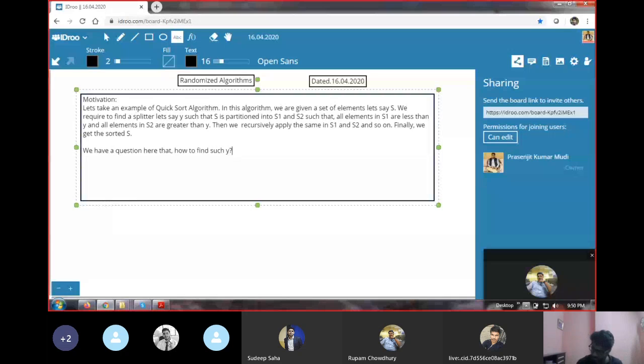In quicksort, y can be found in a fixed way.